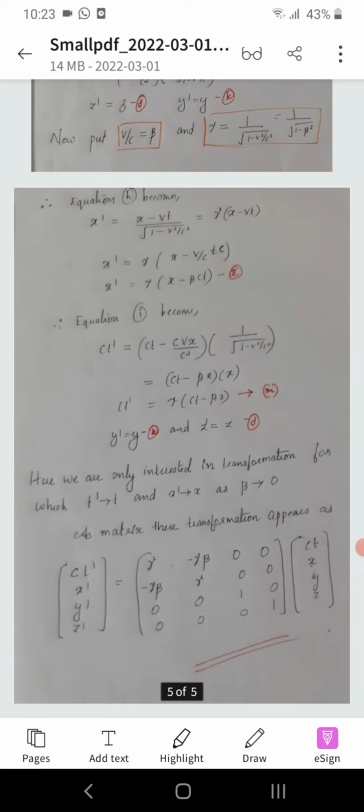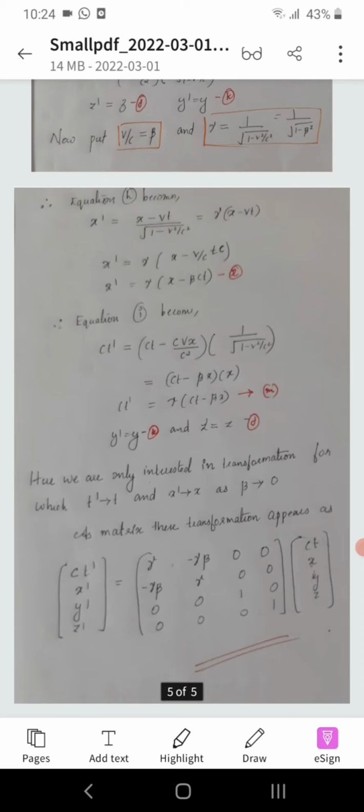In the first matrix, A1, A2, A3, and A4 are the coordinates which we have found, that is ct prime, x prime, y prime, and z prime. Then it is equal to another matrix. This matrix is derived from the coefficients of ct, x, y, and z.